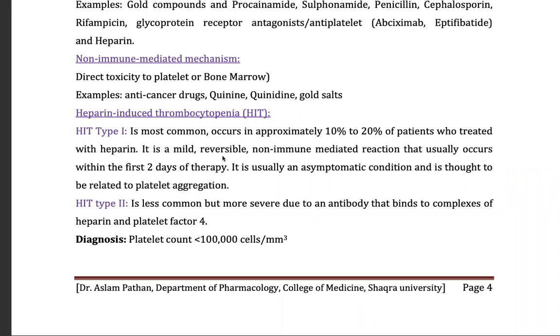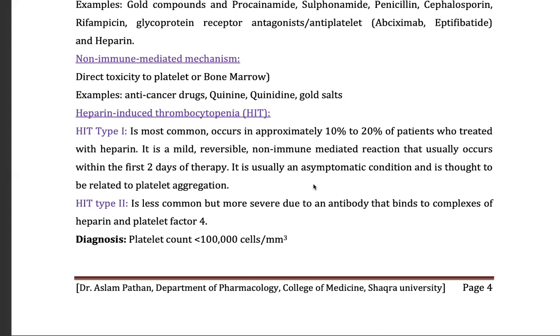It is a mild, reversible, non-immune mediated reaction that usually occurs within the first 2 days of therapy, and it is usually an asymptomatic condition and is thought to be related to platelet aggregation.